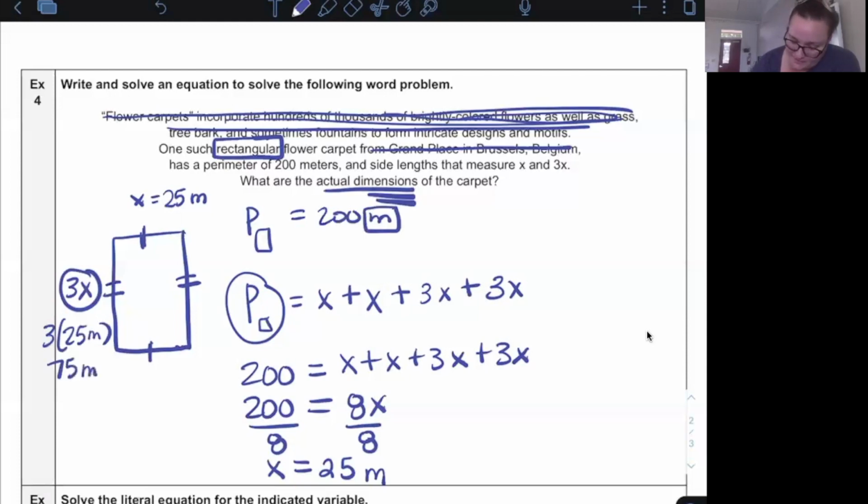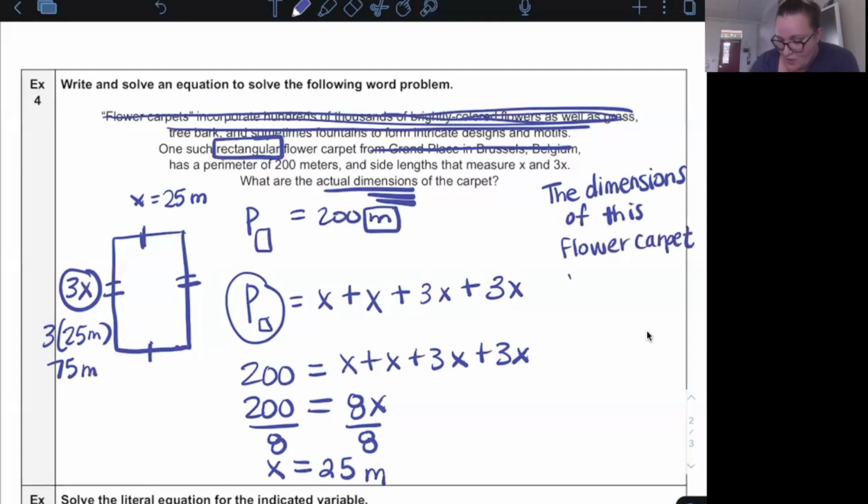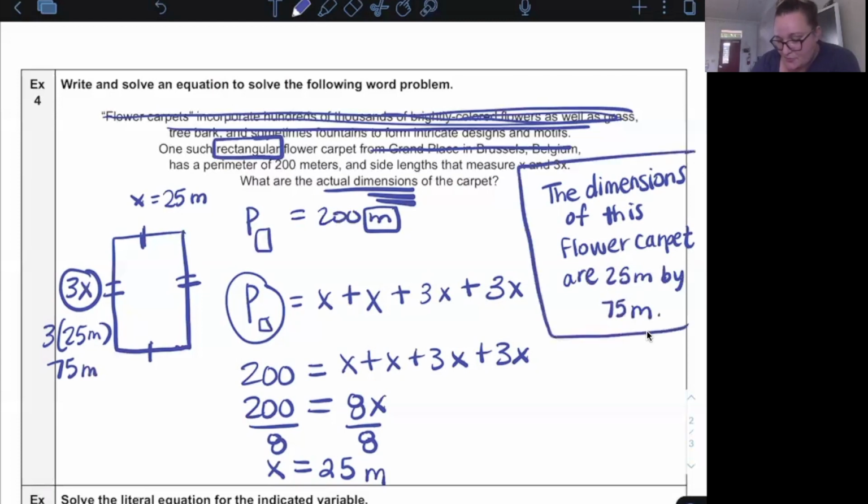So that means that the dimensions of this flower carpet are 25 meters by 75 meters. And that would be your final answer. So anytime you have a word problem in this class, you're always going to write your answer in a complete sentence. Let's move on to example 5.